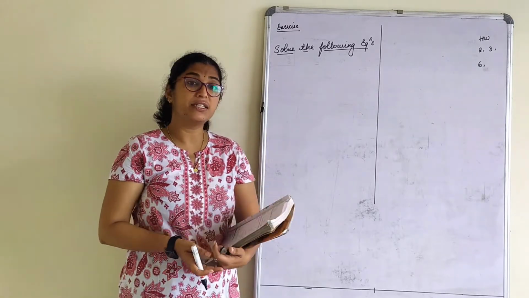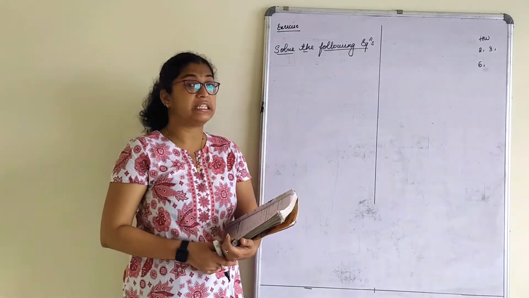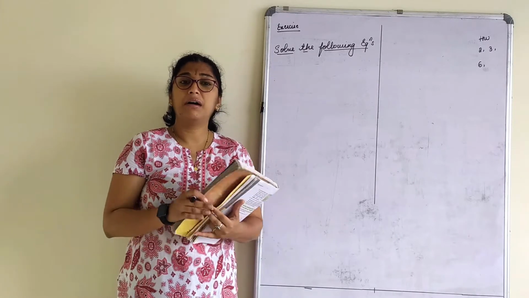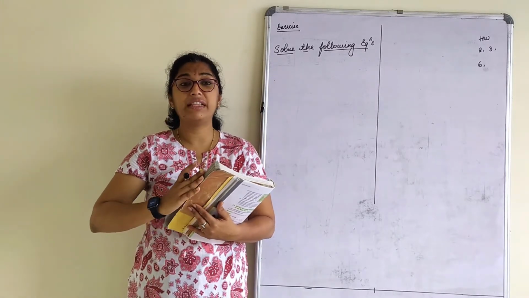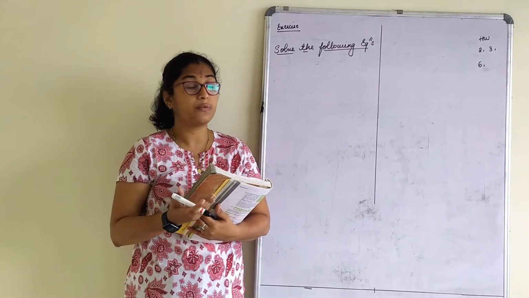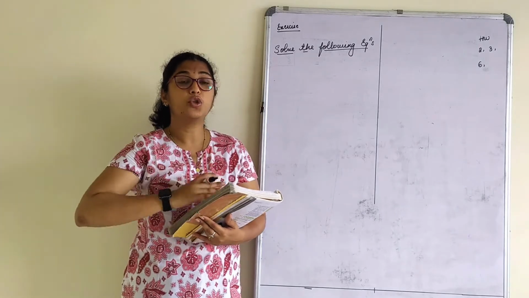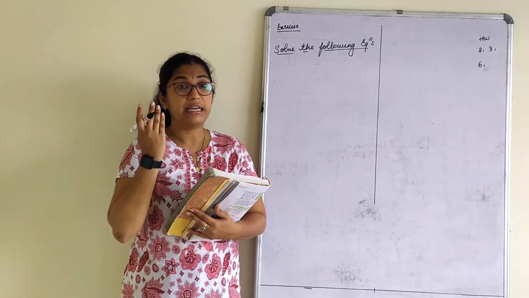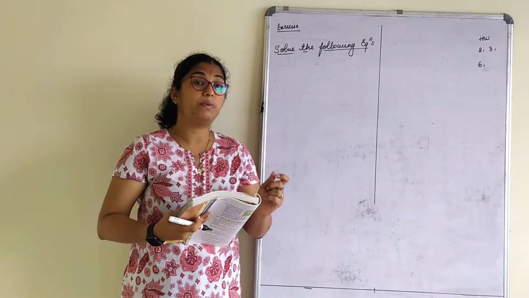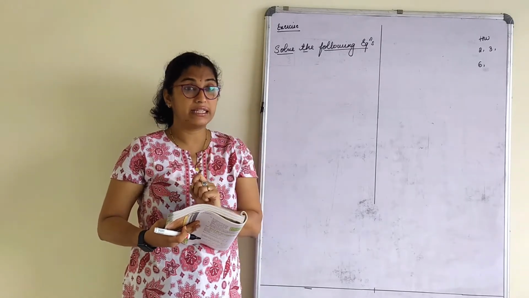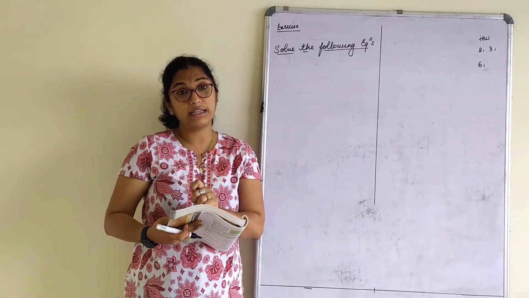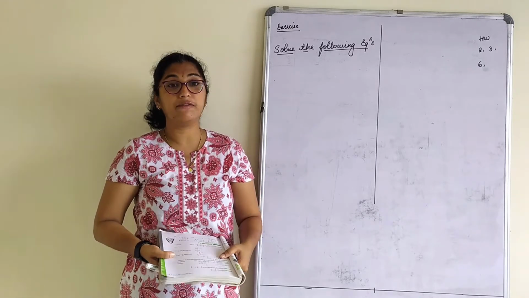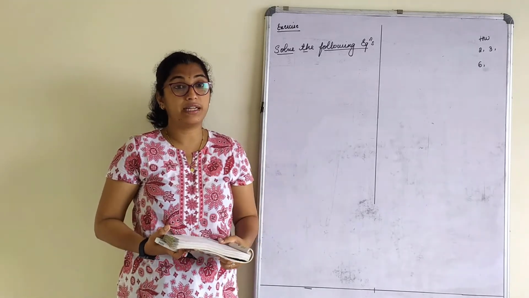And afterwards, for homework sums, I do not discuss them in the class because at the back of the text, they have given answers for each exercise's homework. You can anytime check with that. In case you get a wrong answer, please re-solve once again. Even then, if you do not get that, please call me and confirm or clarify whatever doubts you have.